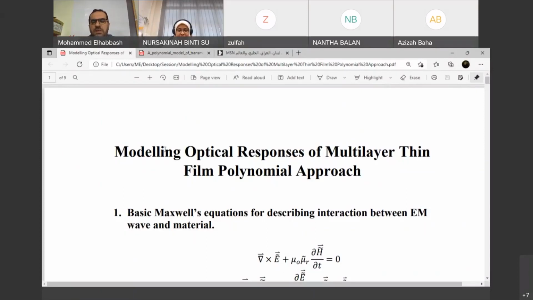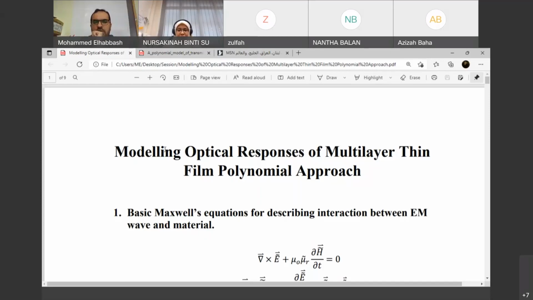When we want to simulate a multi-layer thin film theoretically, we need a mathematical model to represent our work. There are many methods for representing the optical responses. One of them is the polynomial approach.